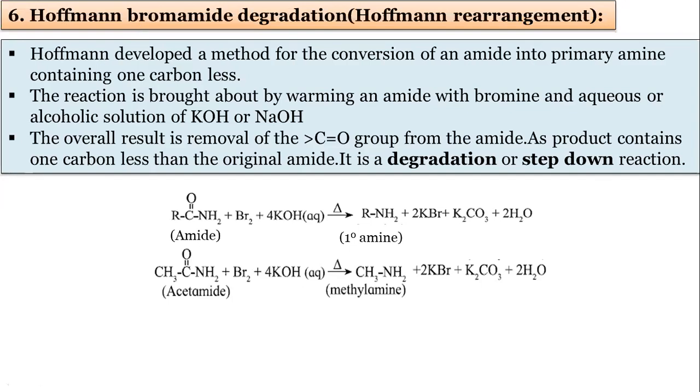That's why it is called the Hofmann bromamide degradation reaction. In this reaction, we convert an amide into an amine, but with one carbon less. This CO group is degraded. Degradation means it is a step-down reaction. We have to remove this CO, and the length of the carbon chain decreases. That's why it is called the Hofmann bromamide degradation reaction.